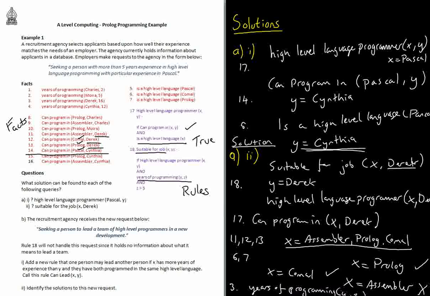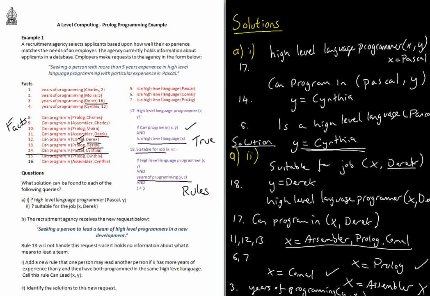So that's Derek, comma Z. And what is Z going to have a value of? Well, that's clause number 3, Derek, years of programming, 16. So Z is going to be 16.